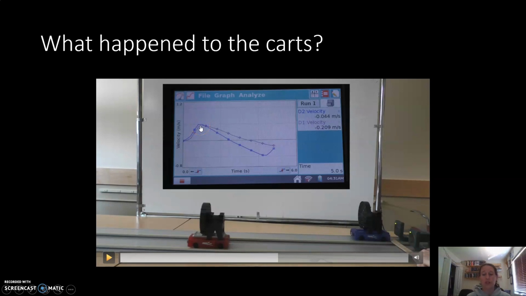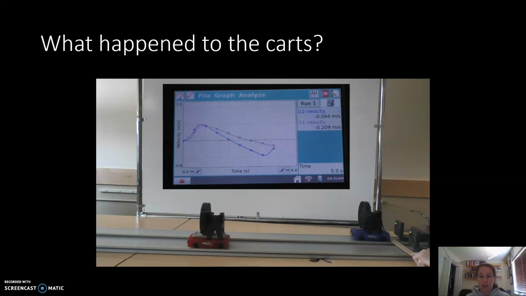They were both pushed with the same amount of force, which is what we're keeping consistent this time, but they have different masses. So as the fans are slowing them down, we can see that the blue one, the lighter one, the one with the lower mass, is decreasing. It's slowing down faster. It's got a steeper slope than the one with the extra weight on it, the one with the red on it.